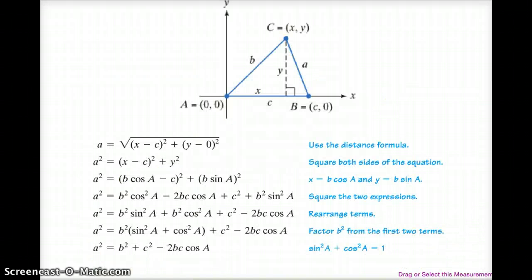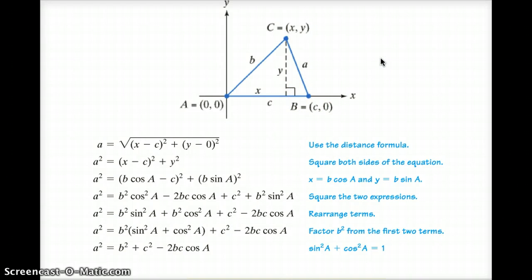Let's explore some more. Now, someone's going to ask, how can I prove the law of cosines? Well, we could use what's called analytical algebra, coordinate algebra, and place our triangle on the coordinate plane with the vertex at 0, 0, and with the vertex B sitting at this location right here on the x-axis.